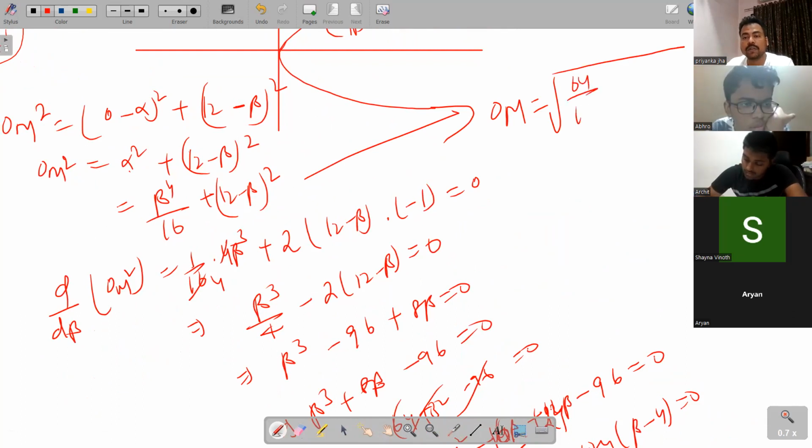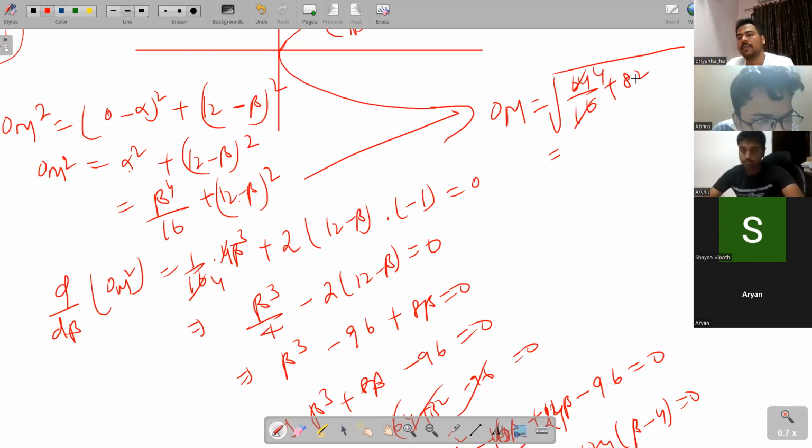That is 64 upon 16 plus 12 minus 4, 8, 8 square. That is 4, 6, 8 square, 64 plus 64.